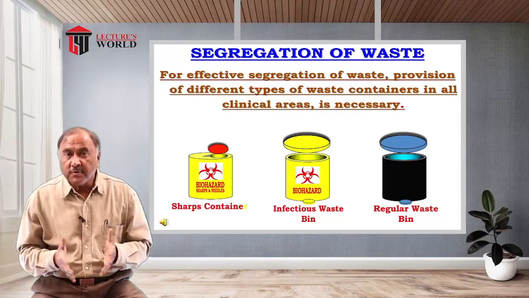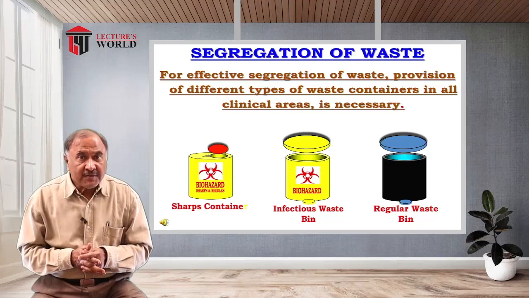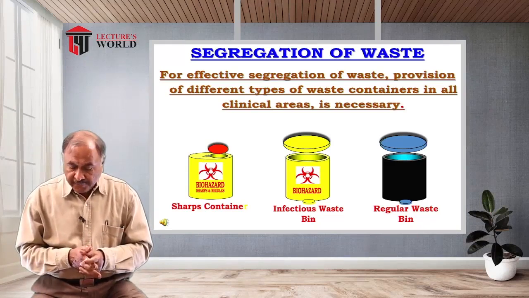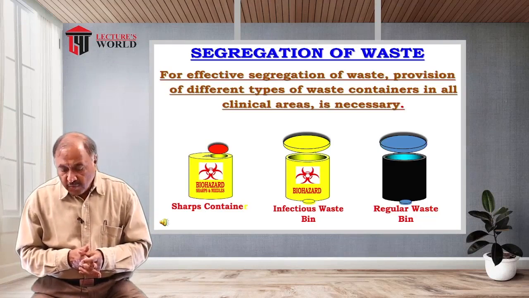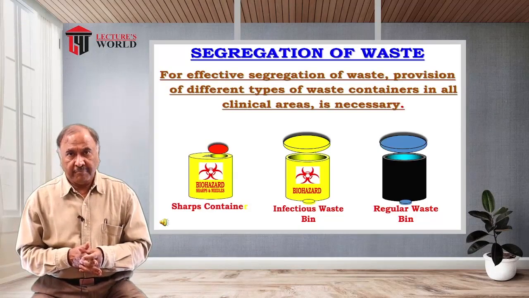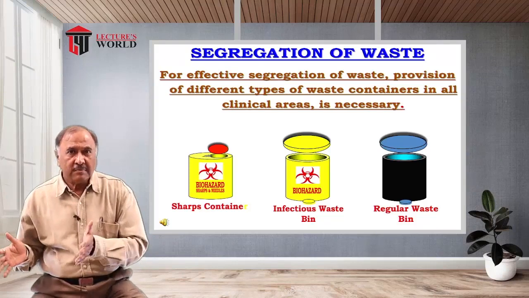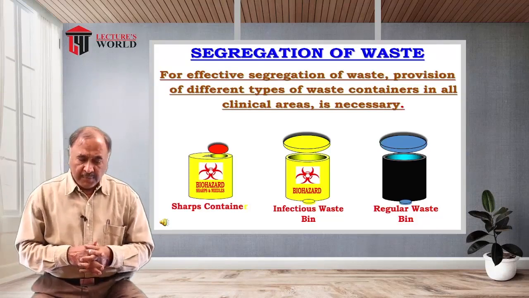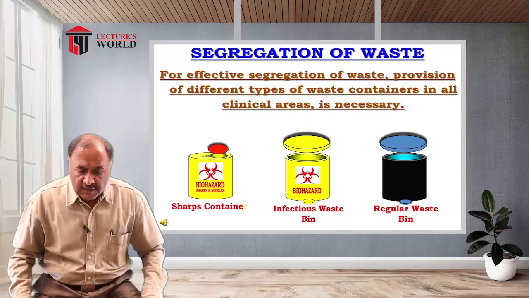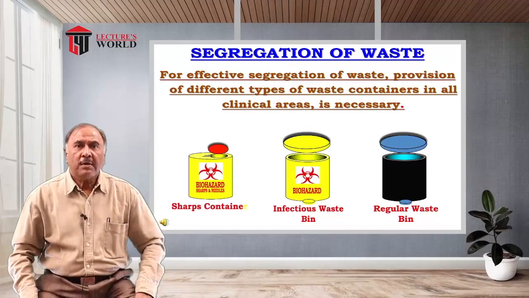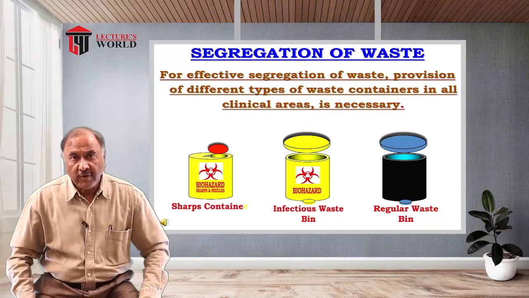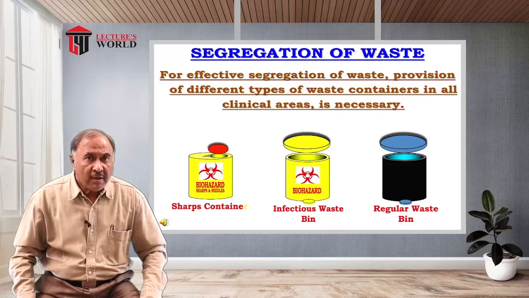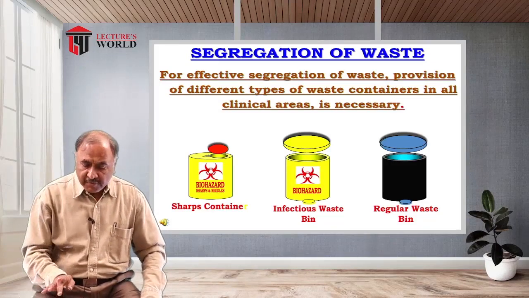It also includes dressings and bandages from a patient, as well as a regular waste bin, where normal waste materials are to be thrown. So it is necessary to have segregation of waste, with different bins or containers for different types of waste.